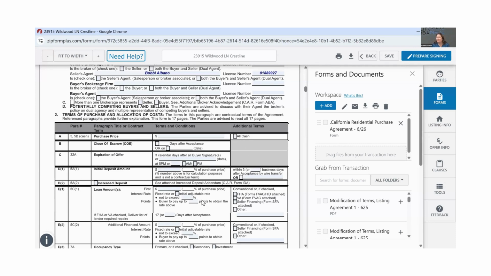All right, and then if there is an additional term, always look and see what it is. So, on this one, they're asking, what's the timing on this deposit? Are you going to get it over to escrow within 3 days, or after the acceptance by wire transfer? It used to be that your buyer would give the deposit money to their agent.